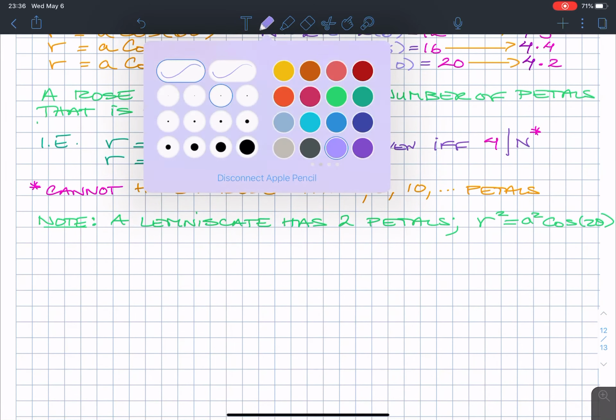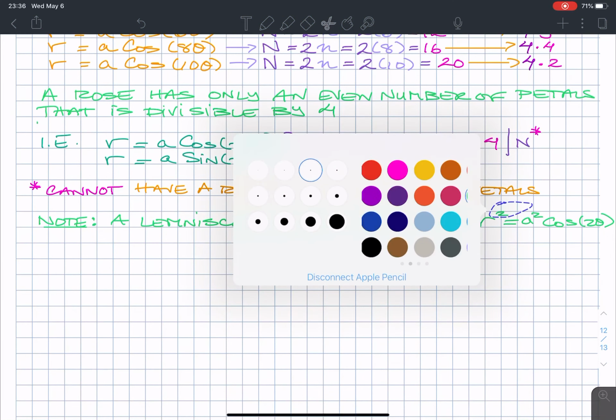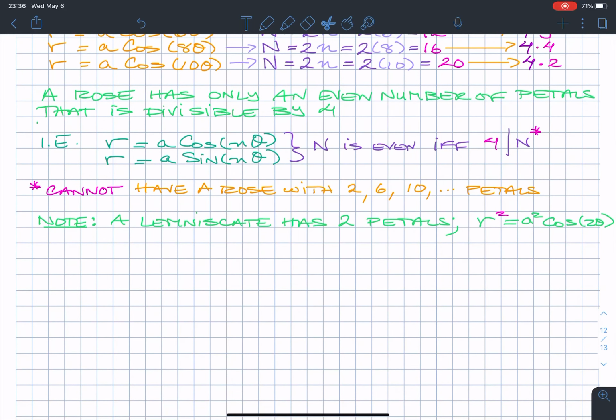And it's because of the r squared here that this is not a rose. Okay, so I just wanted to bring that up, and this is finally the end of section 8.4.